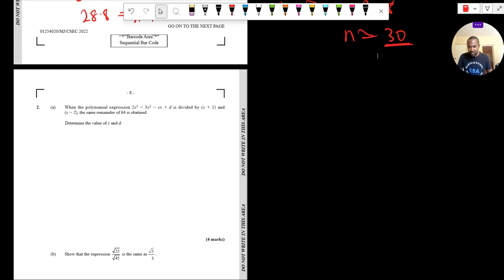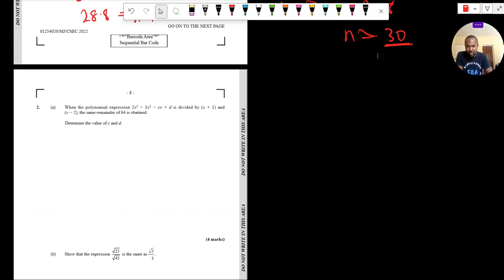Number two deals with polynomials and things like remainder theorem, factor theorem, and so on. So let's read the question. A key part of being successful in any exam is to read the question carefully, right? So don't be rushing to answer the question and not read the question properly.